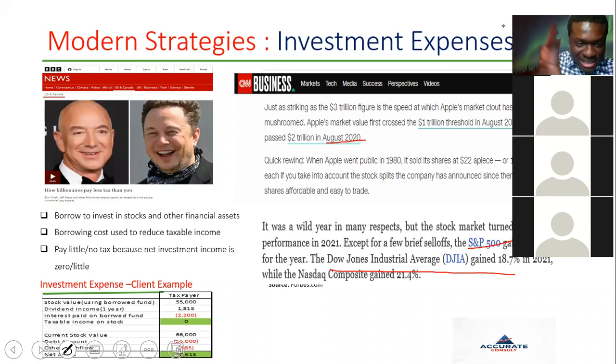So look at it. One of my clients took 55K last year from his line of credit to buy stocks. At the end of the year, the stock value grew from 55K to 66K.